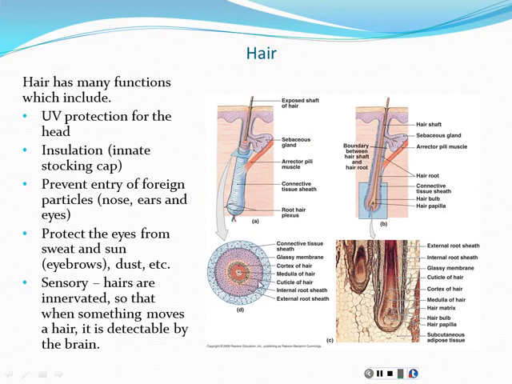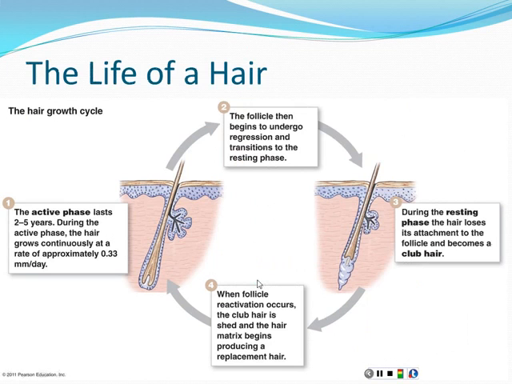All right. So hairs don't grow all the time. They grow for many years, and then they stop growing. It's like they take a rest. So for 2 to 5 years in the active phase, the hair matrix is seeing cell division, and this hair is getting longer all the time. And then after that amount of time, the follicle becomes dormant.